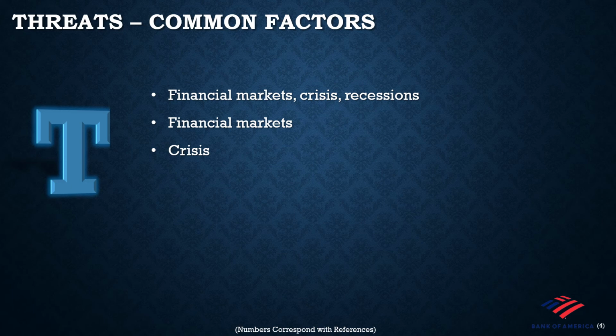Oftentimes these situations result in those families prioritizing those things that are the most important to the survival of their family. And when you look at a company like Bank of America that is reliant on the interest revenues from credit card payments, mortgage payments, car payments, auto loans, things like that, if these families prioritize away from making those payments, that's going to be a loss in revenue to the bank.